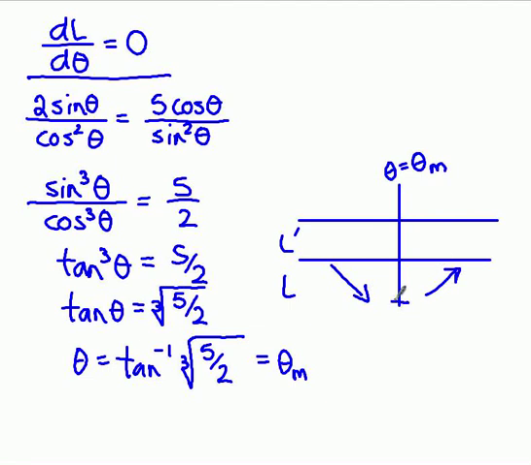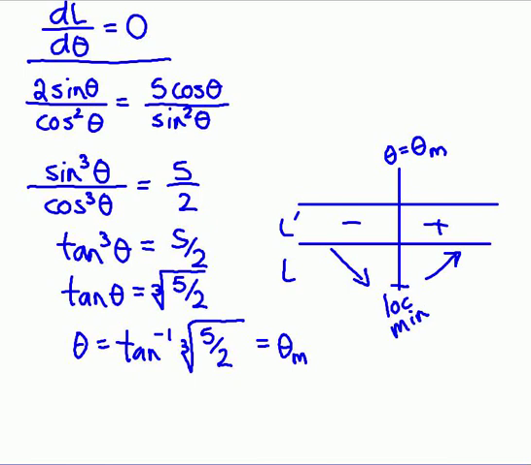I already know that it's horizontal there, and so I know that this is a local minimum. And because that's a local minimum, I know that L prime must have done something like that. And so now I've pretty well got everything I need. I really just need to justify my answer and write it down, which I'll do on the next page.